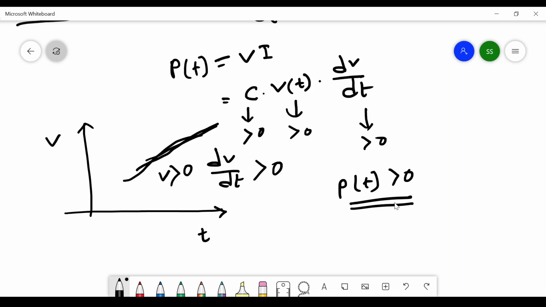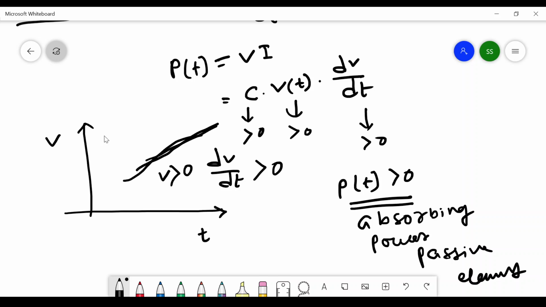That means the capacitor is absorbing power. That means the capacitor is a passive element absorbing power. So the capacitor is a passive element.